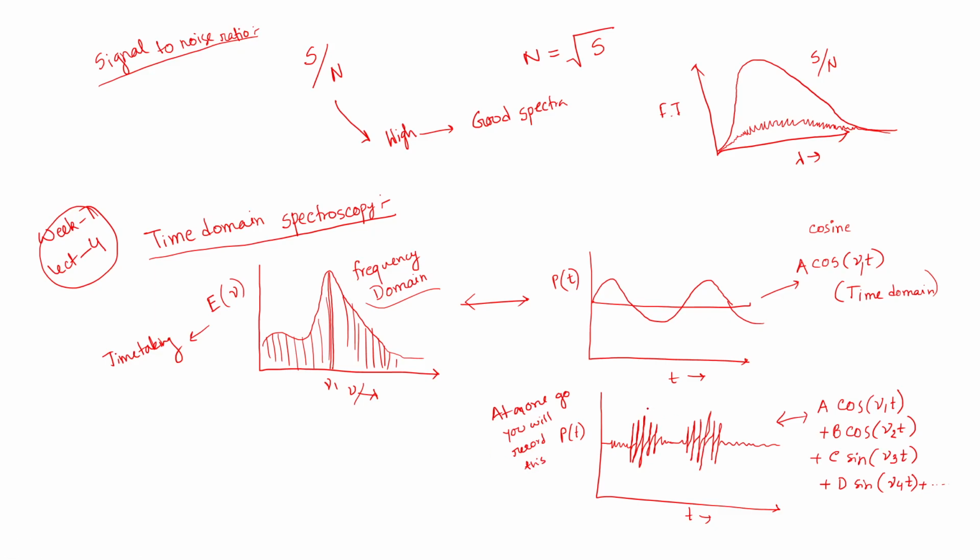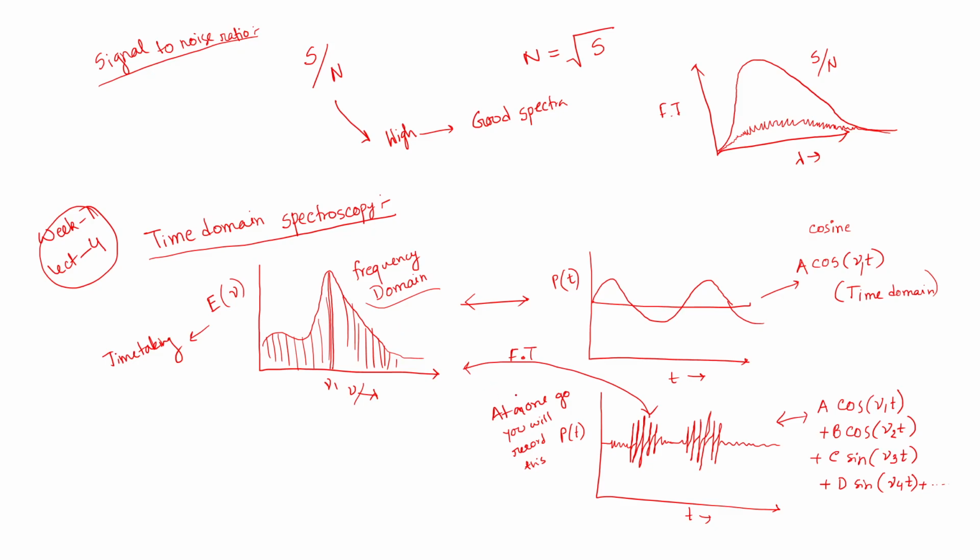And from here there is some method known as Fourier transformation, which we will not discuss in this discussion forum or in the class, because that is not a part of this discussion. But I can share some text on that in the discussion forum if you wish to study it. So we can interconvert from frequency domain to time domain and time domain to frequency domain using a Fourier transformation.